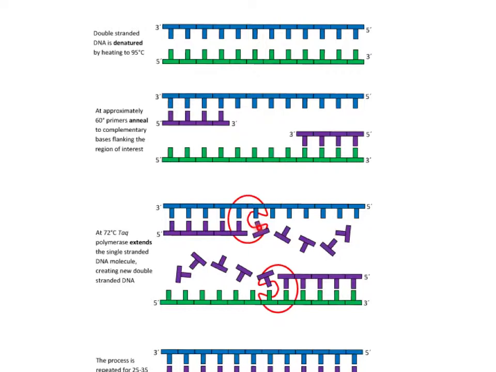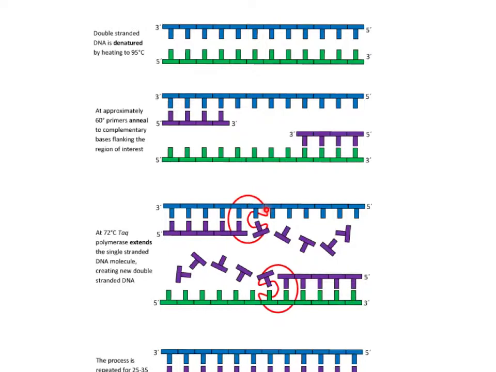Okay, so those hot springs you see in countries like Iceland have bacteria that live in them, that live at up to 90 degrees centigrade, and obviously they've evolved proteins that don't denature at those temperatures. Okay, so these thermophilic bacteria have a DNA polymerase which doesn't denature at the temperatures that DNA polymerase for most species would.